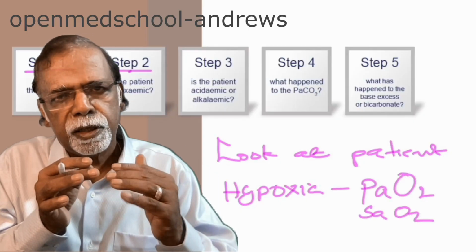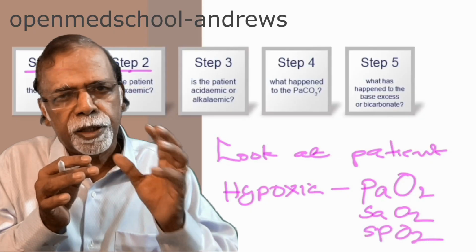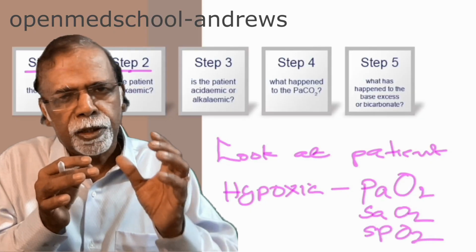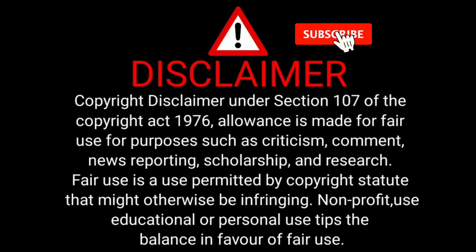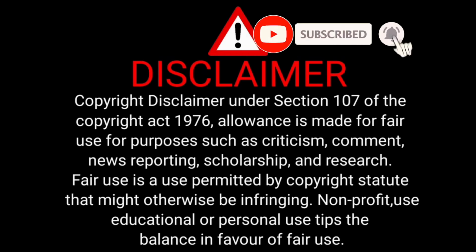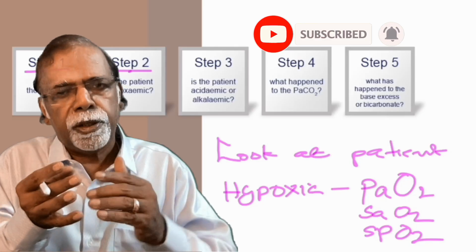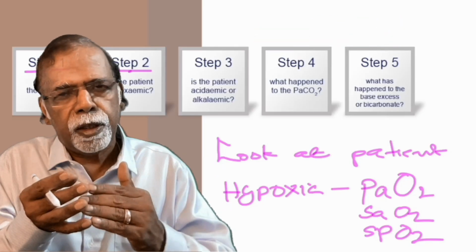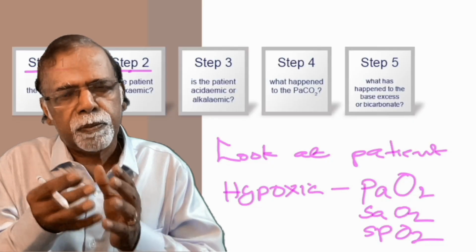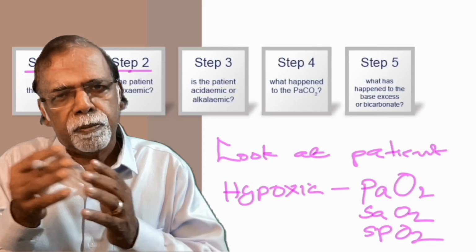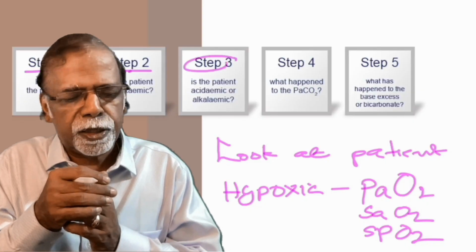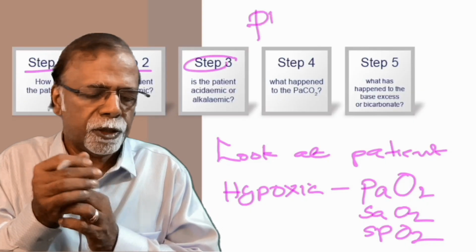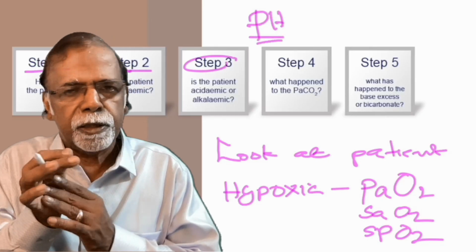We have also discussed the importance of looking at the patient's clinical status, whether the patient is being given oxygen, and we have learned how to identify the percentage of oxygen when oxygen is supplemented using nasal cannula or mask, and also how to calculate the expected PaO₂ with a particular percentage of FiO₂. The next session we will be discussing on step 3, that is looking at the pH, is the patient acidemic or alkalemic.